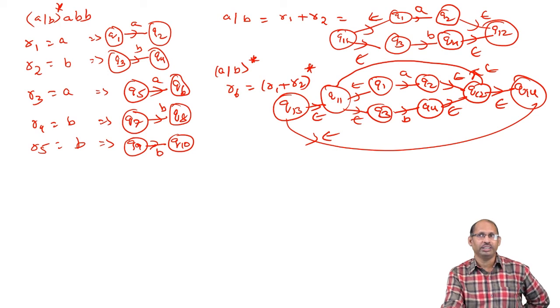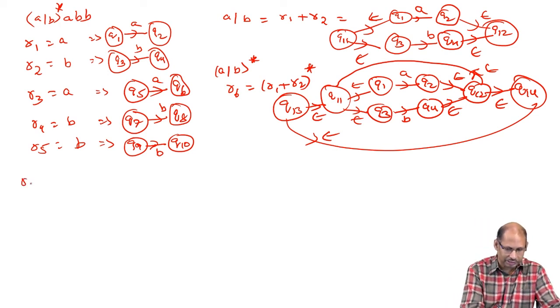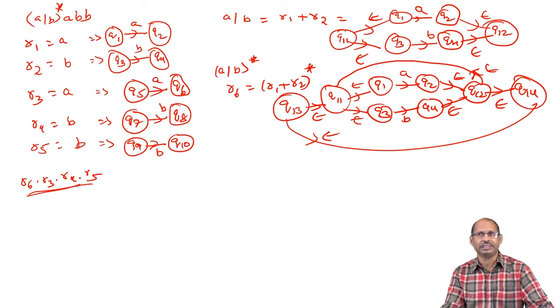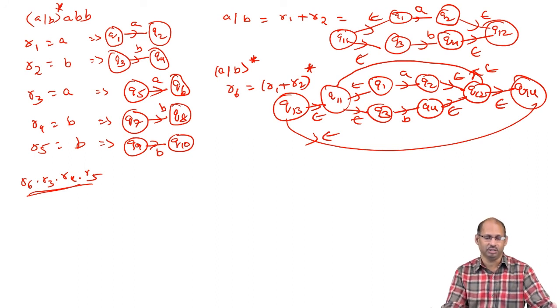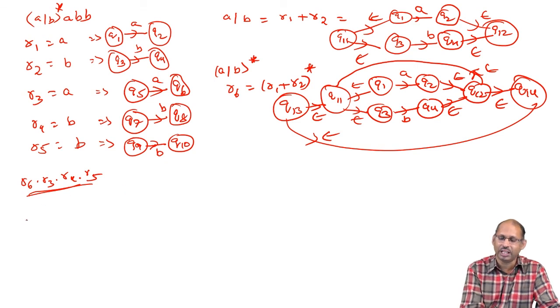Now, what is next? R6 concatenated with R3, concatenated with R4, concatenated with R5. Right? We need R6 concatenated with R3, R4, R5. So here, what is required next? First write this one as it is.